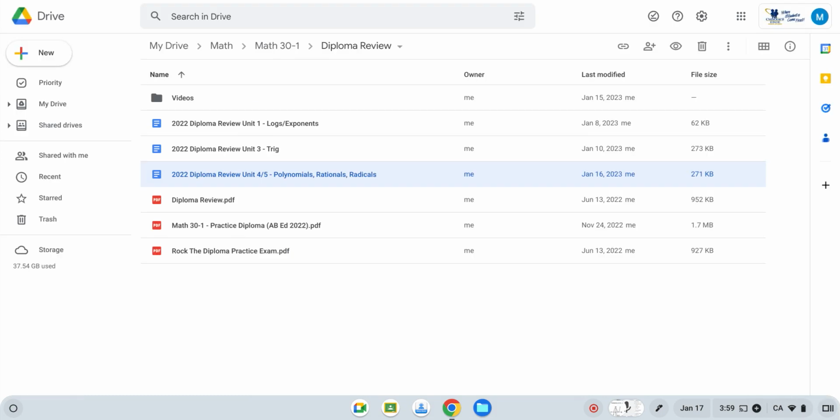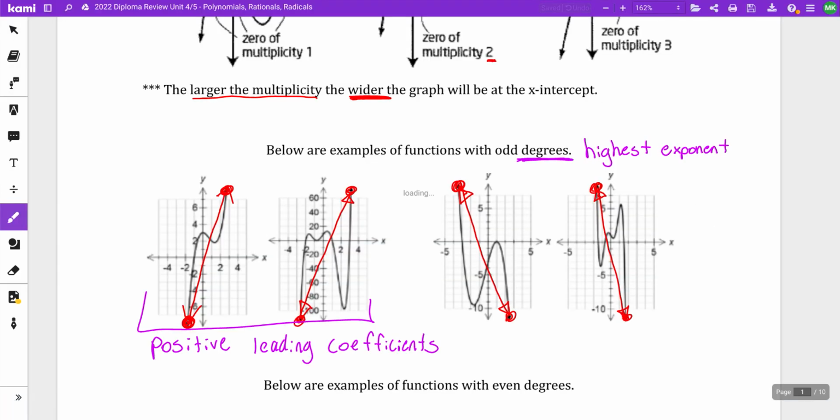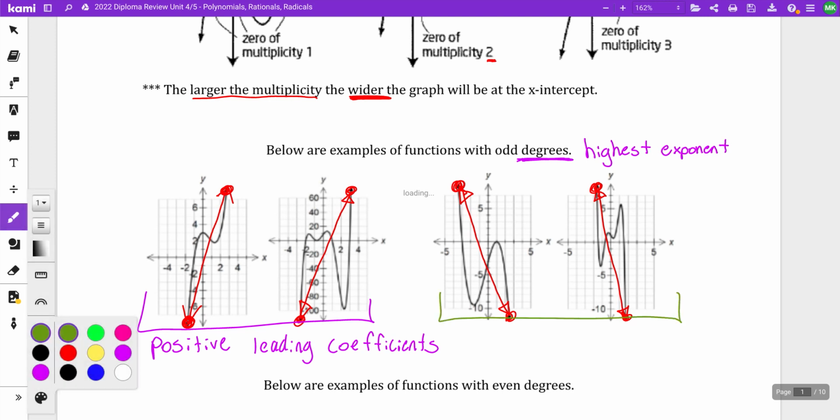If you look at the other two, you'll notice that their trends are going down. These ones have negative leading coefficients. Remember, that's the number in front.